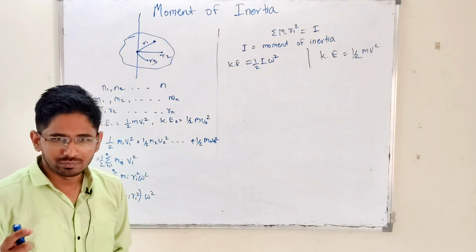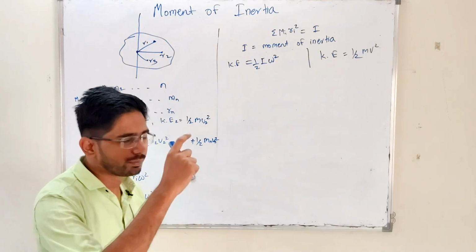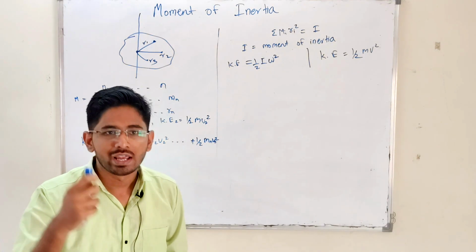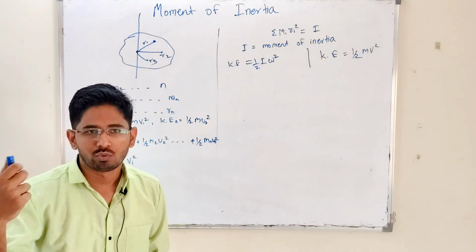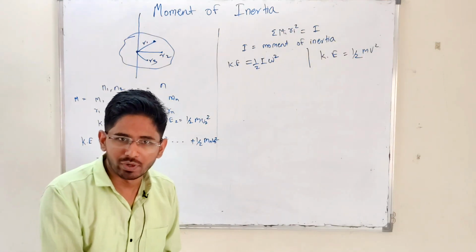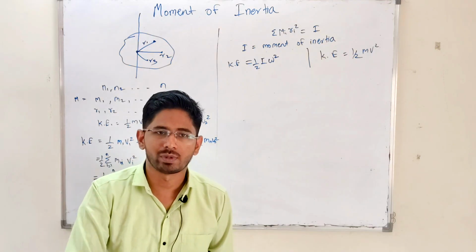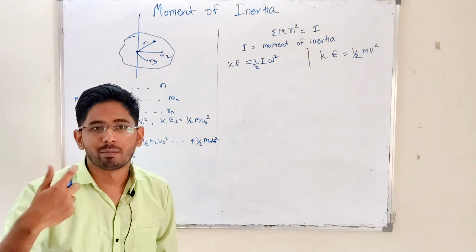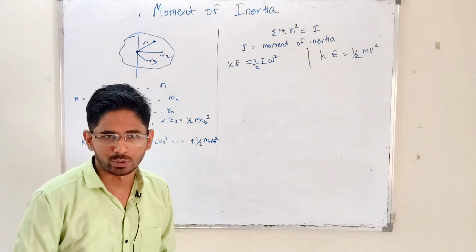The bigger the moment of inertia of the object, the harder it will be to rotate that object. If an object has a smaller moment of inertia, it will be easier to rotate. If it has a higher moment of inertia, a much larger force will be required to rotate that object.